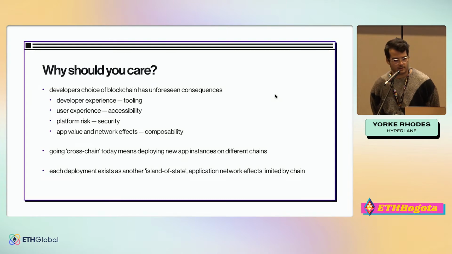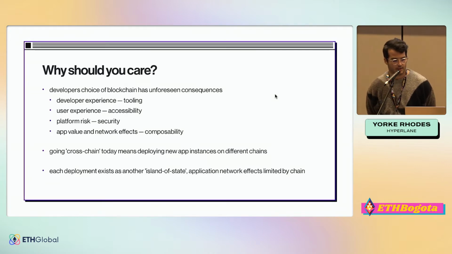We listed a few here. Developer experience: the tooling that's around a specific chain might be limited to that chain's ecosystem. Each chain has some idiosyncrasies, and sometimes the tooling isn't as mature on newer chains or cheaper chains, so you might be trading that off without realizing.